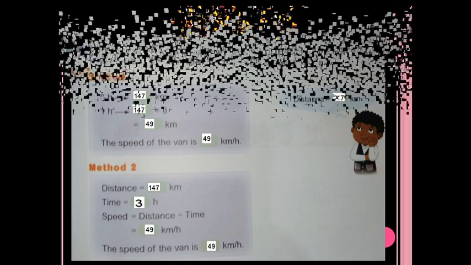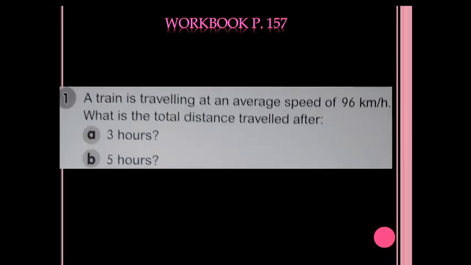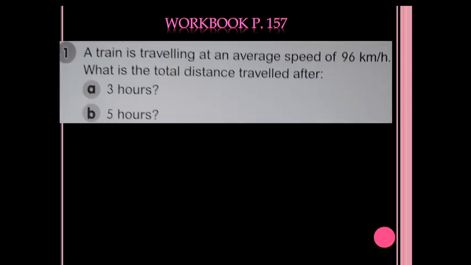Okay, now let's go on to your workbook. Page 157. Open your workbook now. Number 1. A train is traveling at an average speed of 96 km per hour. What is the total distance traveled after A, 3 hours, and then B, 5 hours? I think we have discussed this in the previous examples in your textbook. It is almost the same.